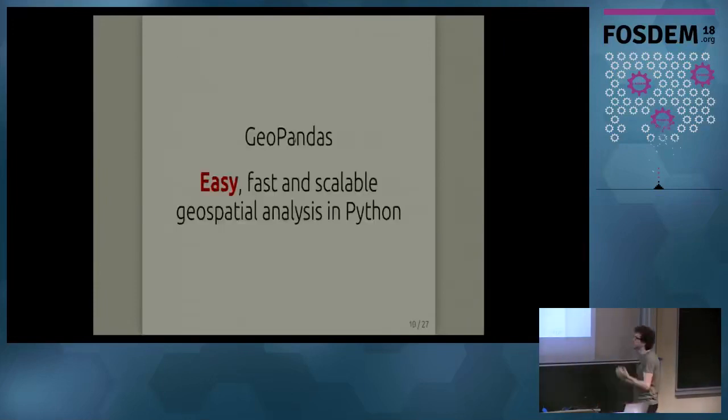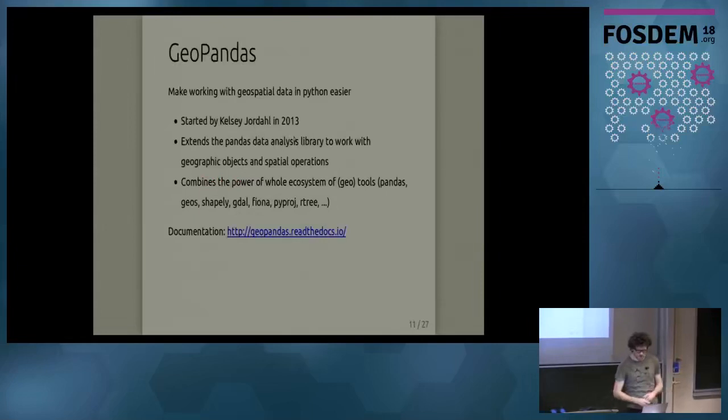So now, what is GeoPandas? GeoPandas tries to combine Pandas with the abilities of Shapely to work with geometry objects. And in that way, it tries to make it easier to work with a bunch of geometry objects and their data attributes.